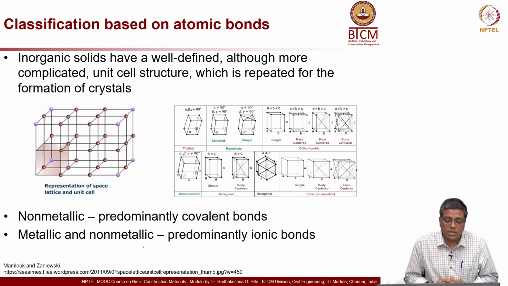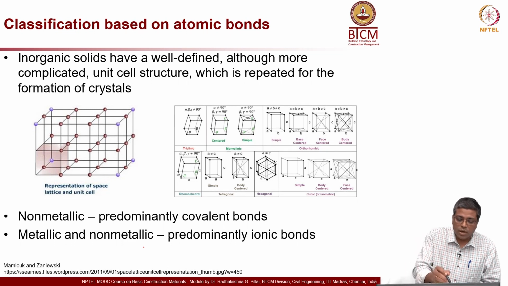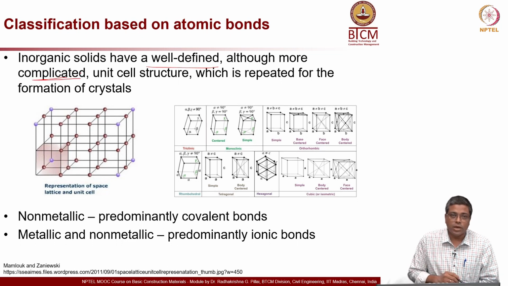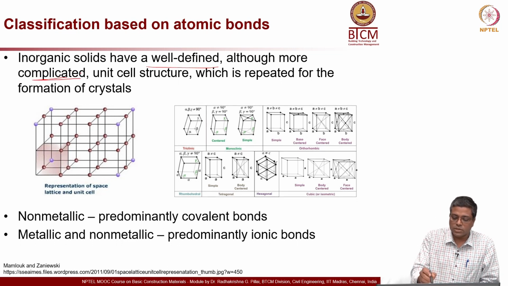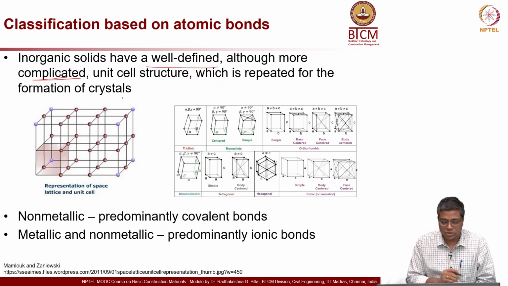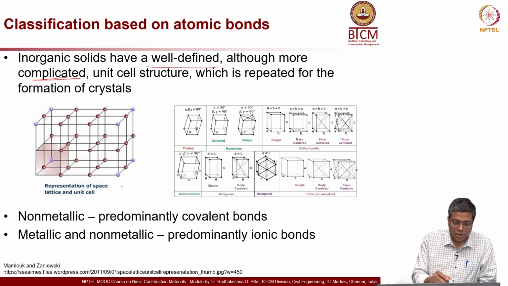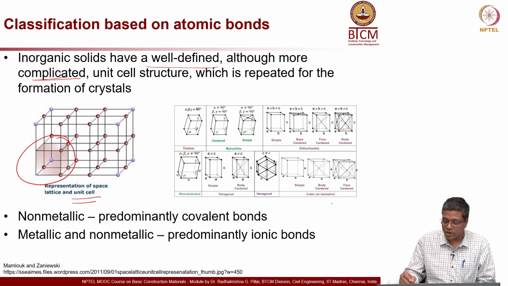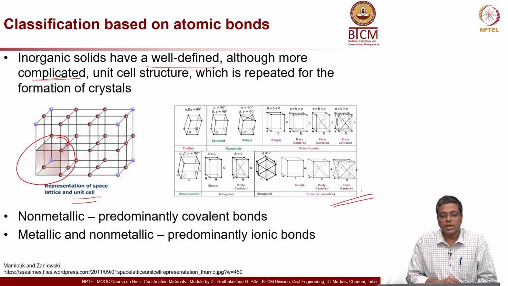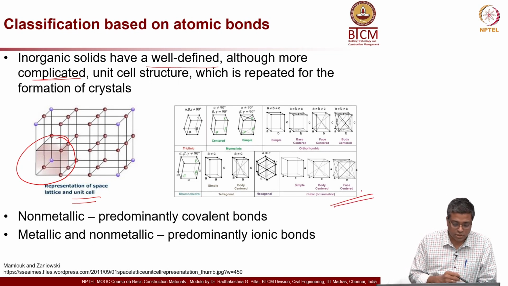Now, classification of inorganic materials based on atomic bonds. So, they have a well defined, although more complicated, unit cell structure which is repeated for the formation of crystals. So, these are just a recap on what we already discussed in previous lectures. You can see this is a unit cell right here, and these are different types of unit cell that can be present in various materials.